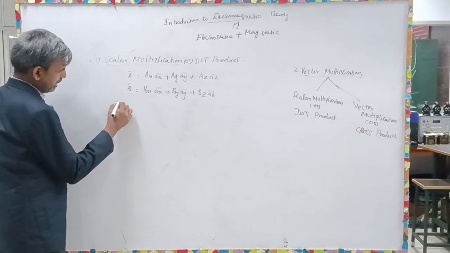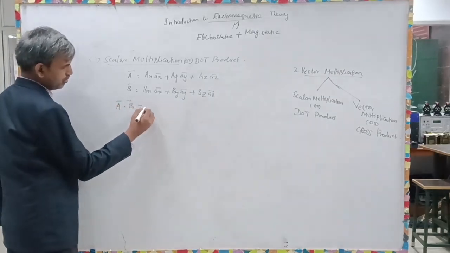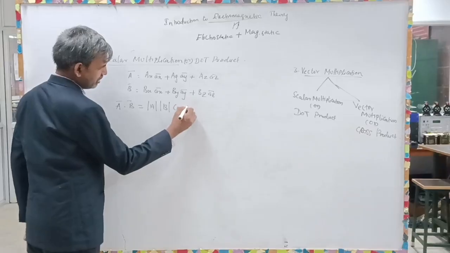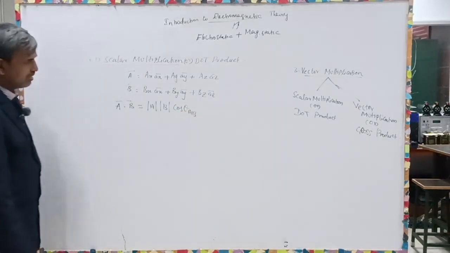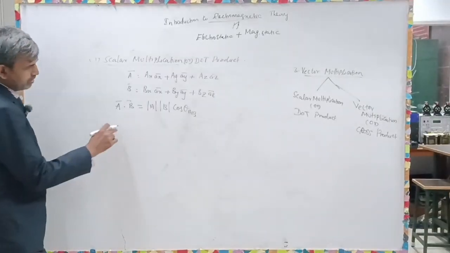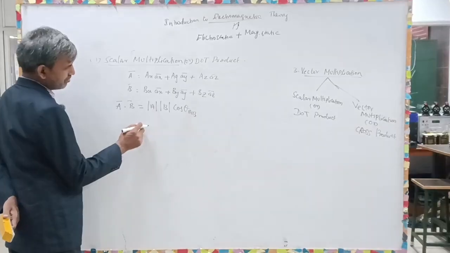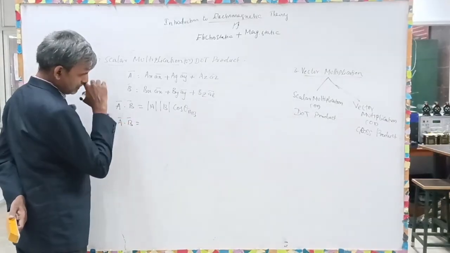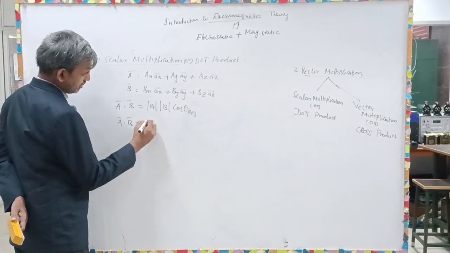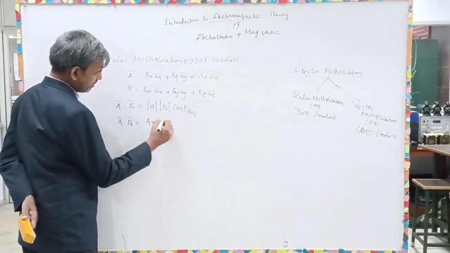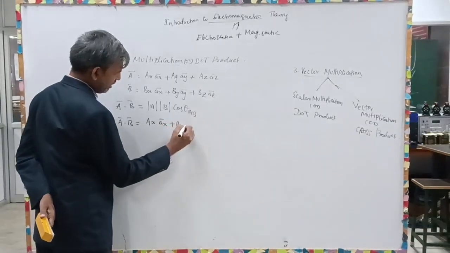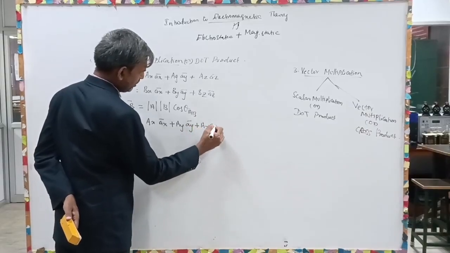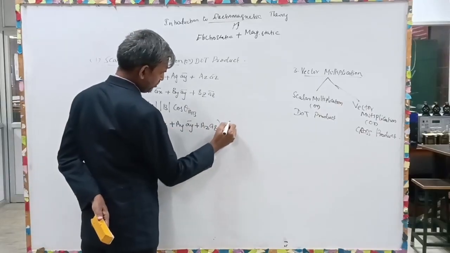A vector dot B vector is equal to modulus of A, modulus of B and cosine of the angle between A and B. First we take the modulus of A and modulus of B. So A vector dot B vector is equal to Ax ax plus Ay ay plus Az az into B vector.